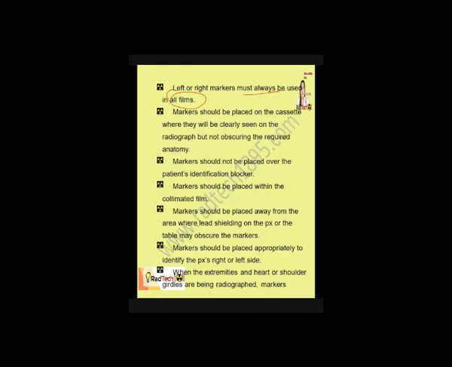Like, is it the ventral part, the dorsal part, the left or the right part? So we should be able to ensure that there is a left or right marker.